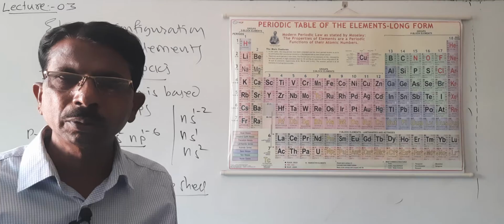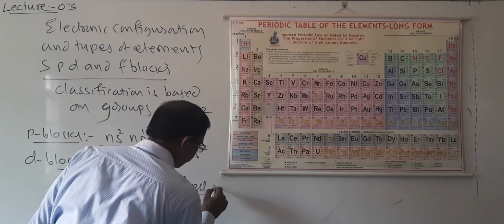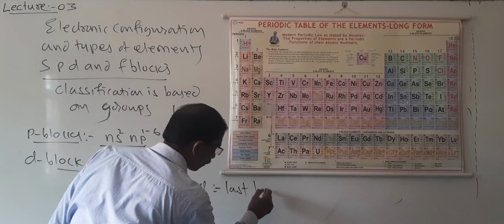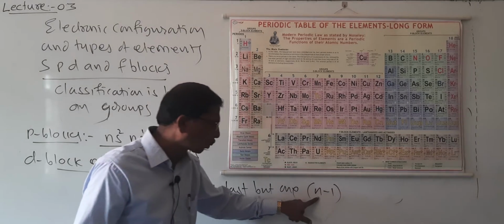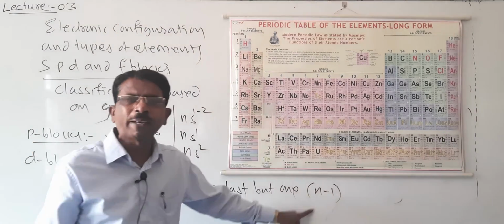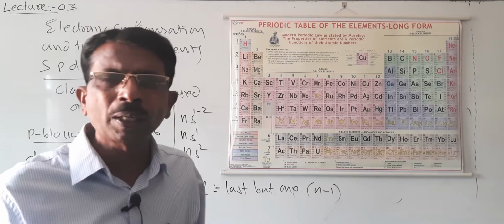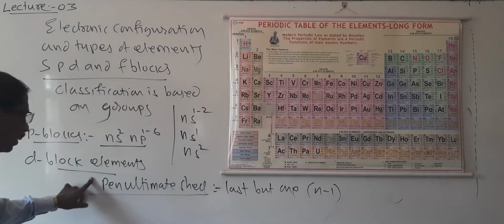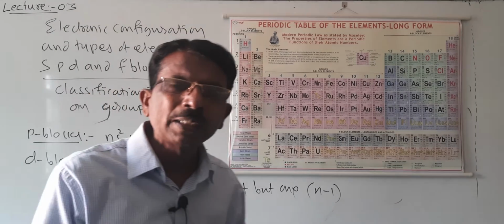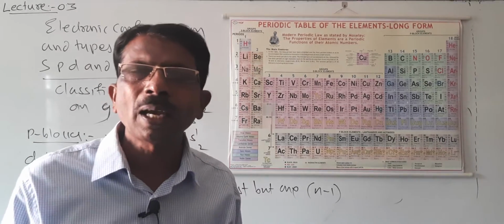Last but one means n minus 1. If n is the last shell, 6, then minus 1 means 5. So look here, in d block elements, the differentiating electron enters the d orbital of the penultimate shell.